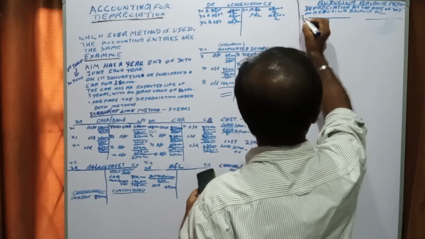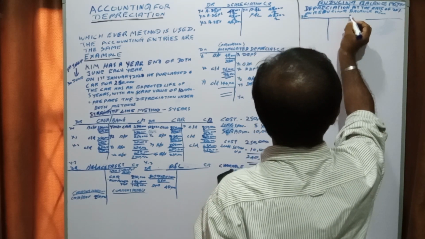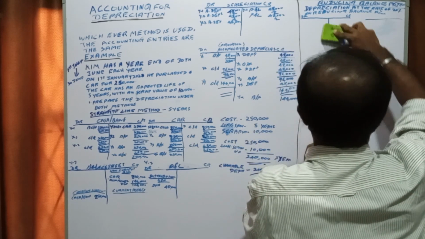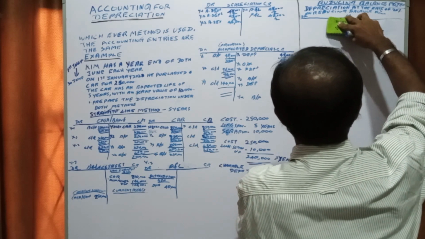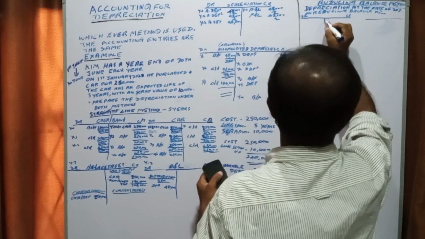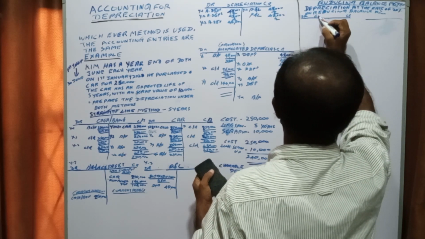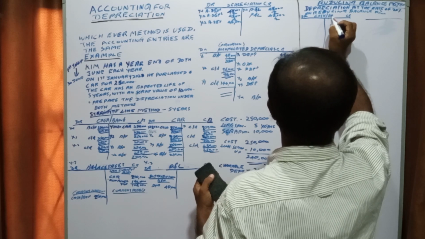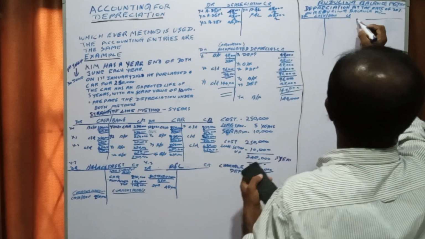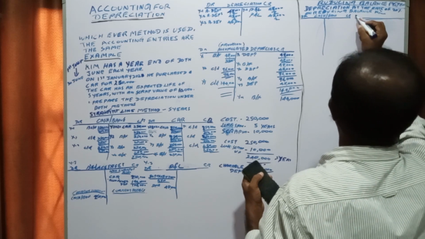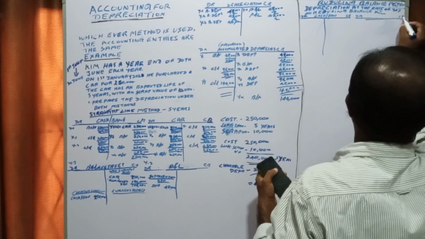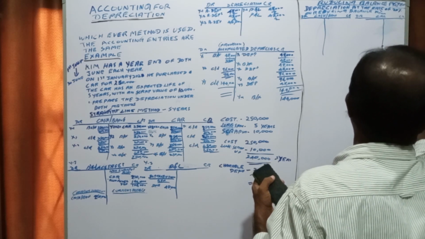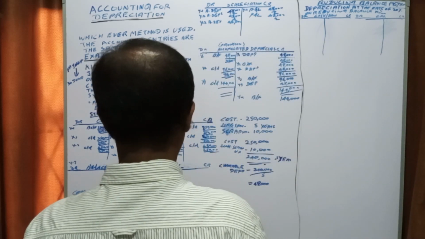This is debit and credit. Cash or bank, debit and credit. Car, car account.